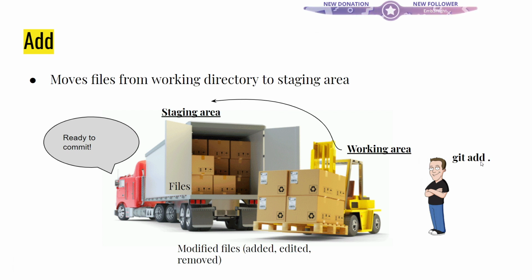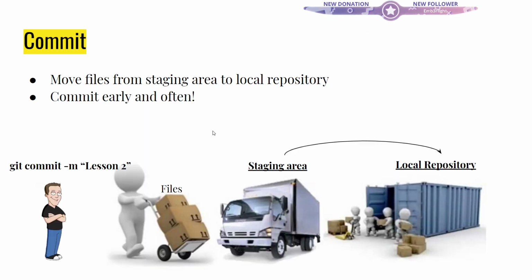The files that you can add are only the files that have been created, deleted, renamed, or modified, so, edited, I mean. And when files are in the staging area, they can now be moved to the local repository. So git commit with a message, for example, lesson 2, will move the files from the staging area to the local repository.